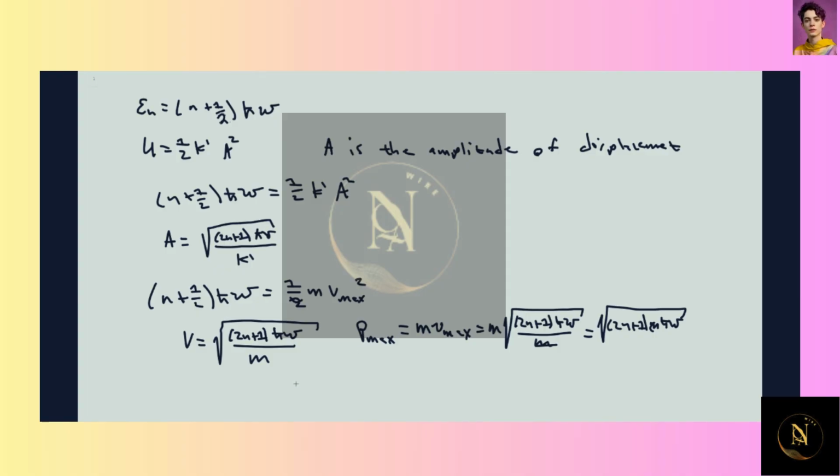Now we're also given in the book, and this comes about from working out the standard deviation, the variance of your momentum and position operators, that delta x is equal to a over the square root of 2, and delta p is equal to p max over the square root of 2.